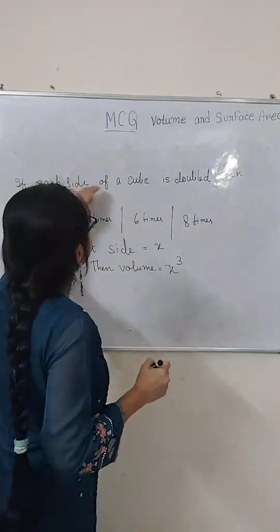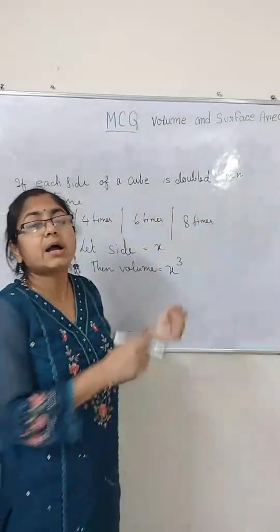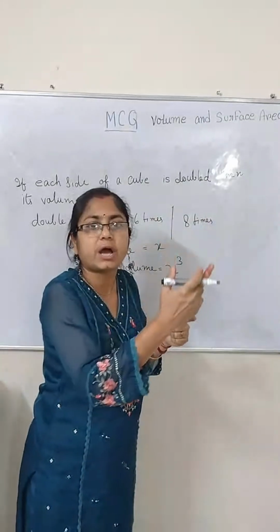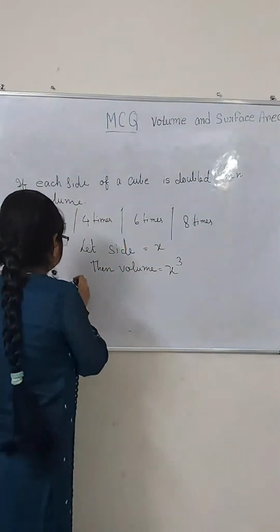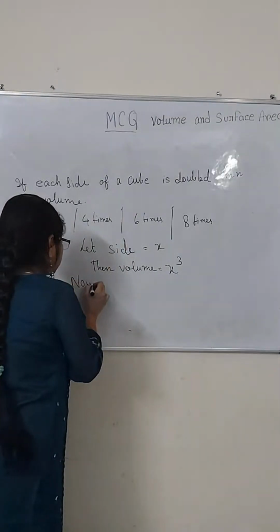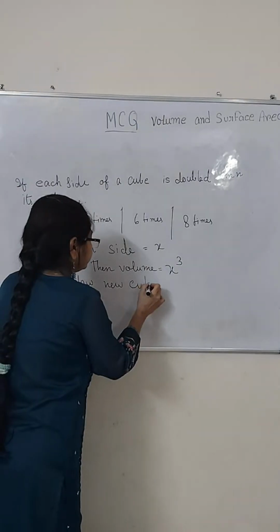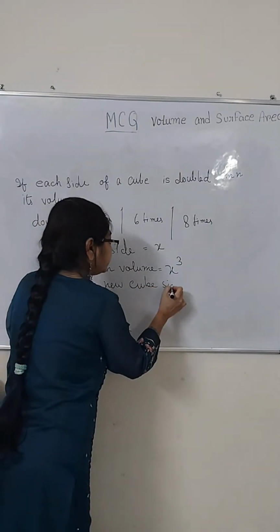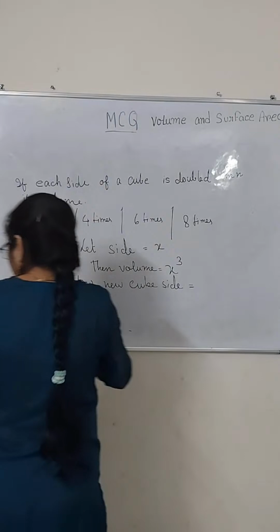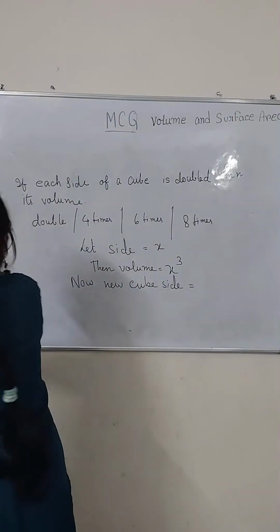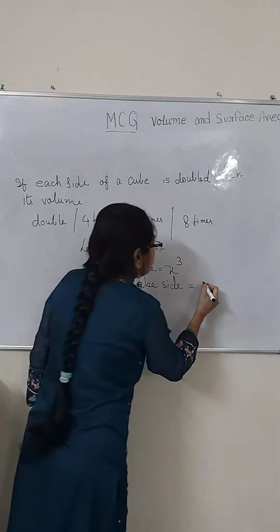Now, each side of a cube is double. Now new cube side, it's become double, means 2x.